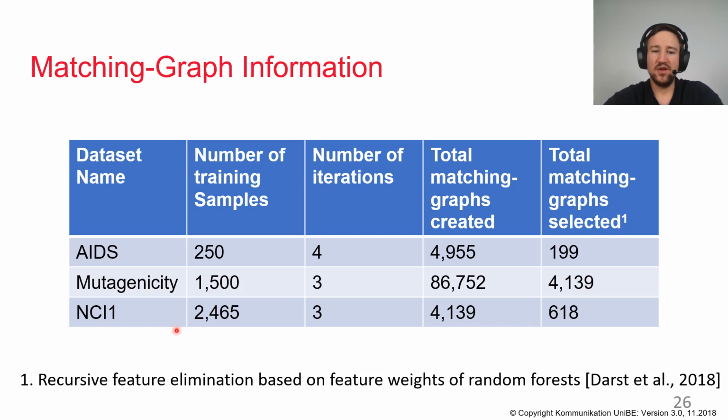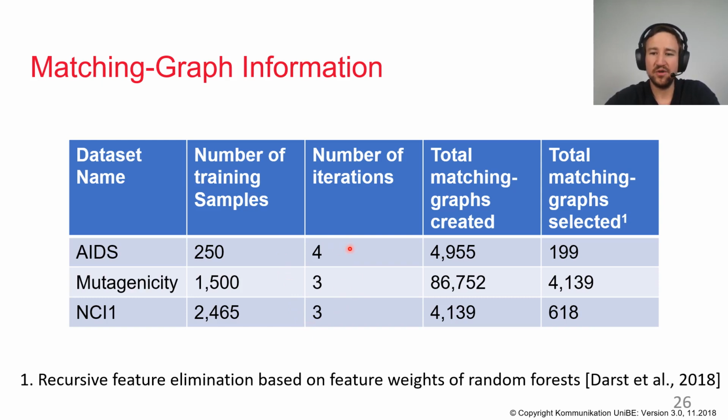So what you can see here immediately is that, for example, for AIDS and mutagenicity, the total matching graphs created are much bigger in relation to the number of training samples compared to when we look at NCI1. However, the number of iterations for all of them is very similar.